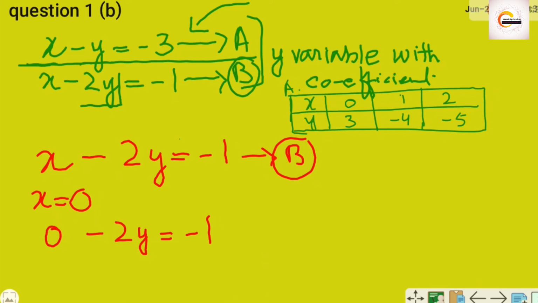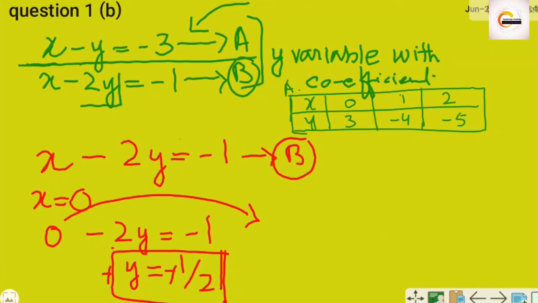Now 0 will vanish, and the value of y will come in fraction or decimal. If the value of y comes in decimal, it will be difficult for us to plot such points on the graph. So we have to select such a number that, after going to the other side, becomes completely divisible by the coefficient that is attached with variable y.